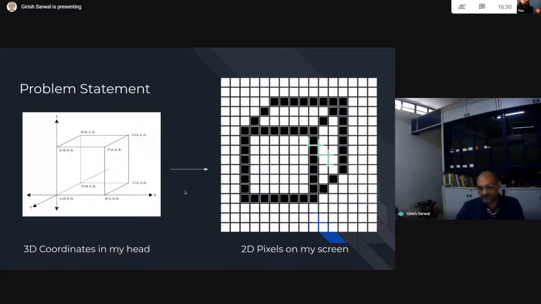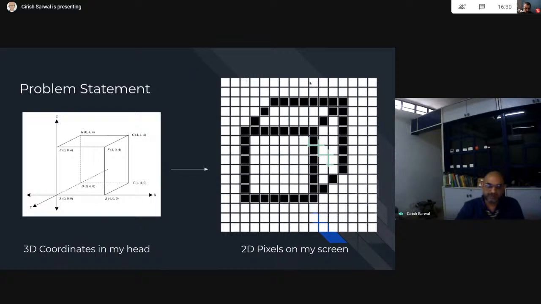So our problem statement as game developers essentially is: I've got a cube, and these 3D coordinates are in my head or they are mathematical calculations, and my job is to convert it into this array of bulbs that I can light up or turn off. And the moment I do this, I start seeing images on my screen. In this particular slide, you can see a very rudimentary image of a cube.